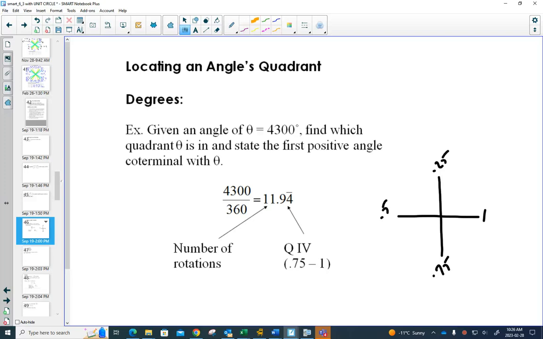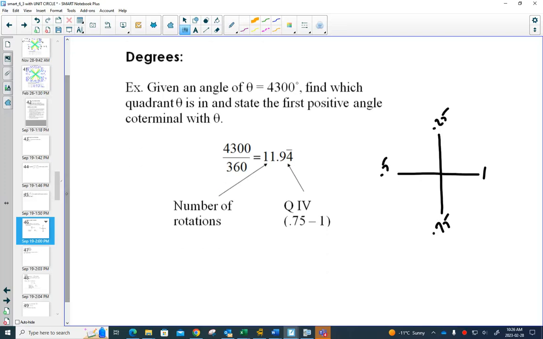If I had this without a calculator, what you can do is subtract 360 degrees and you'll end up with something coterminal. Every time you subtract 360 degrees, you end up with something coterminal.